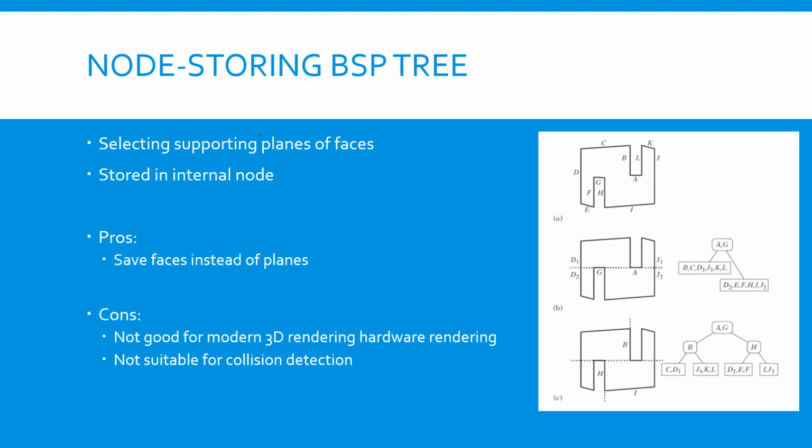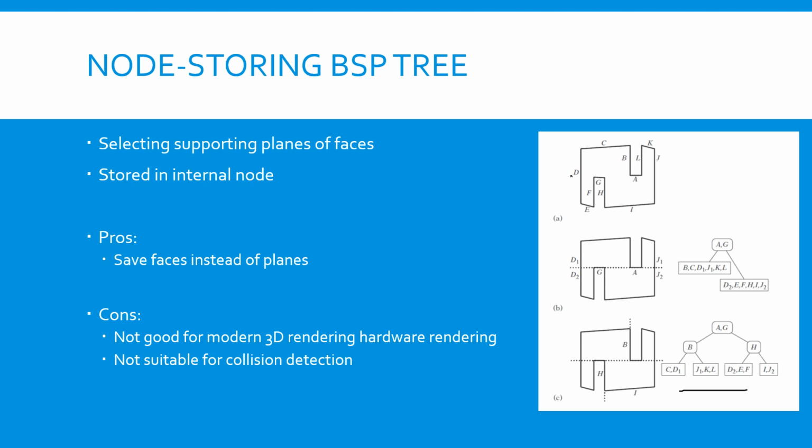For the node storing BSP tree, when we see the tree structure here, we store the nodes, for example, the edges of a polygon. We store the edges in the tree structure, and each plane also has some edge on it, so we don't have to save the dividing plane.